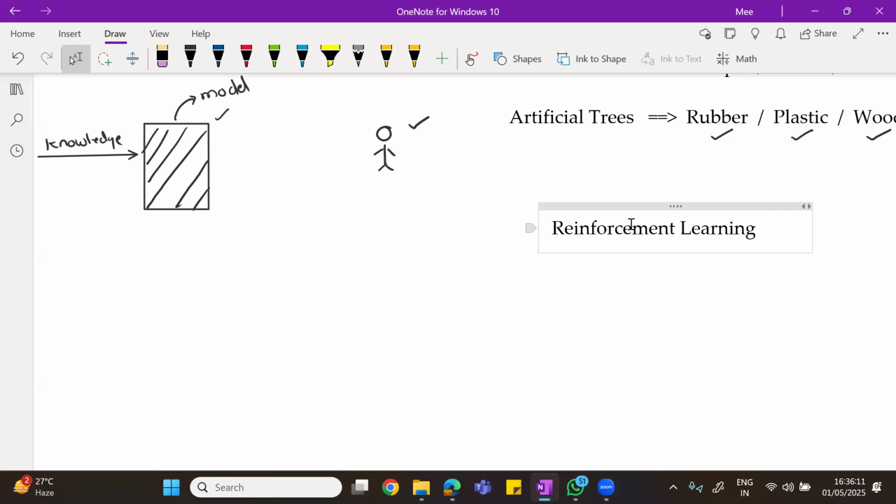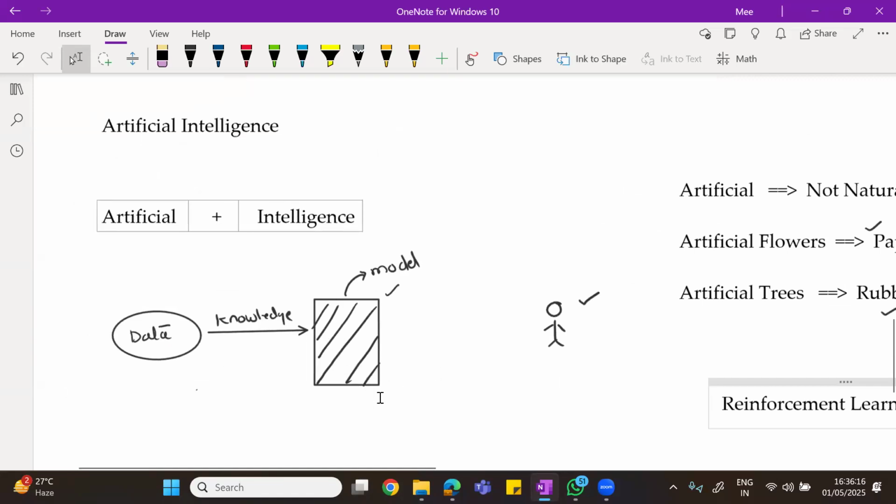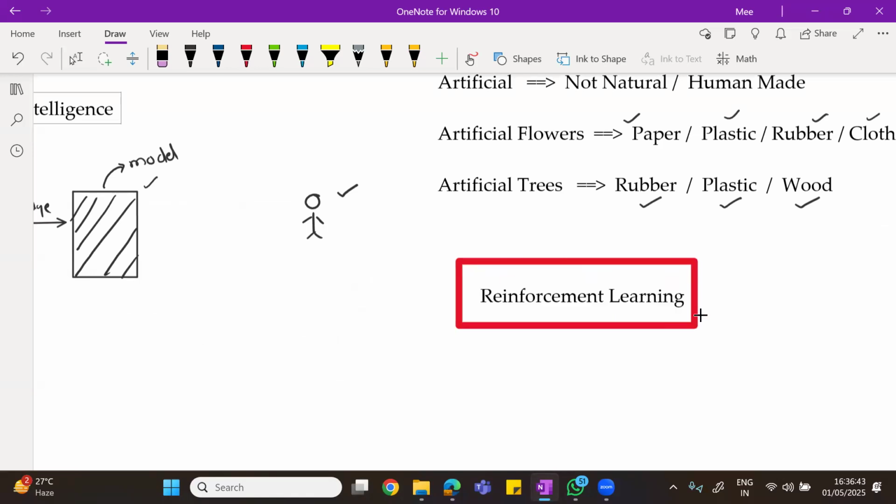Now, one more thing you should understand. As long as these models or machines are dependent on data, who will get the data? We humans will get the data and give it to them. That means your models are dependent on humans. Once reinforcement learning comes into the picture, your model doesn't require your data at all.